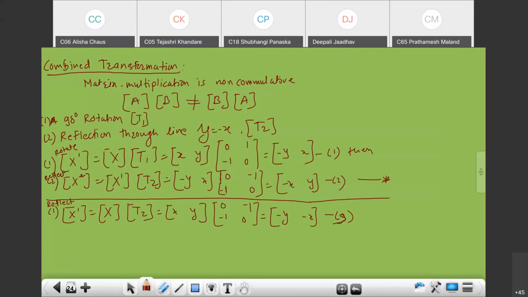Okay. Now the rotation. We are performing it in opposite way. So x star is equal to x dash multiplied with T1, which is minus y, minus x, multiplied with 0, 1, minus 1, 0, which results in x, minus y.